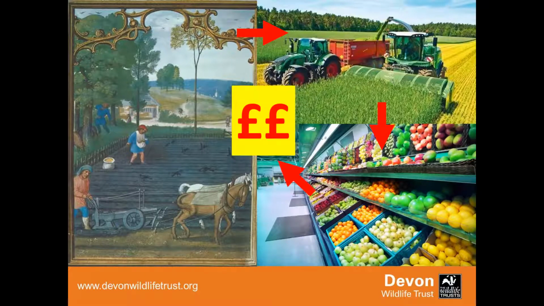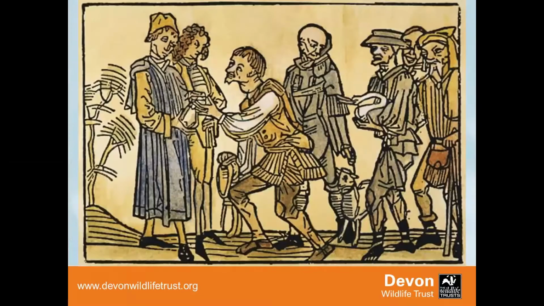And of course, a lot of it is related to being able to pay your rent or being able to get income or profit. A couple of other drivers I just wanted to flag up. I've already mentioned rents. The feudal system in the UK really drove a lot of this change in agriculture and the attitudes towards grasslands and farming. It wasn't seen as just something you did to survive.